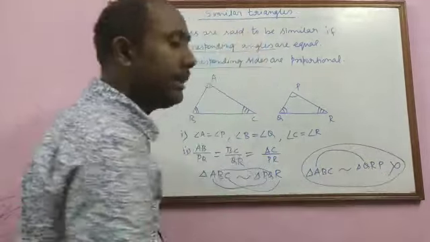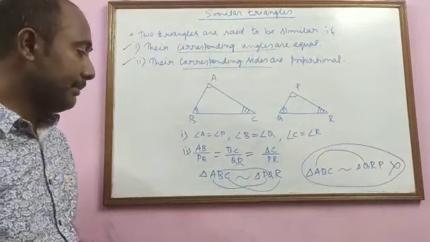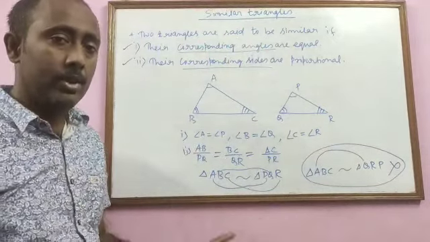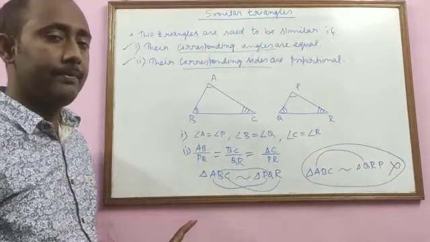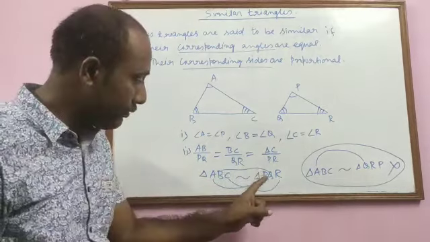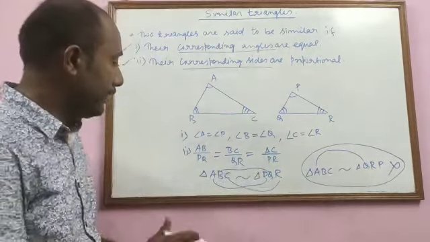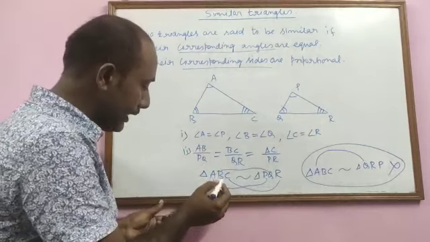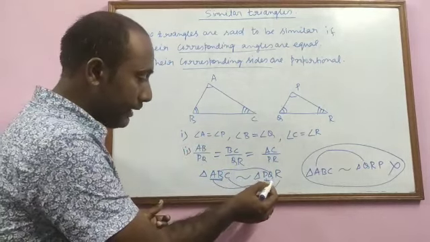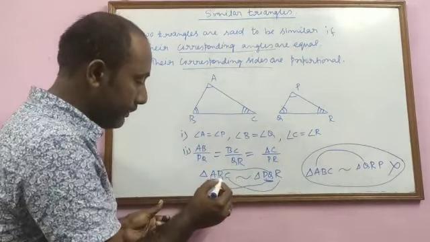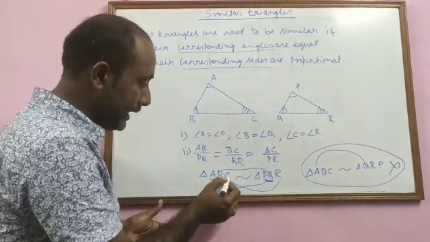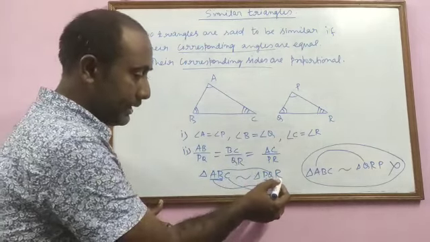So remember students, when you are writing similarity of two triangles, you must take care that vertex to vertex should match. If I talk about AB by PQ, here it is AB, so here we need to take PQ. BC by QR: BC second, third; here it is QR second, third.